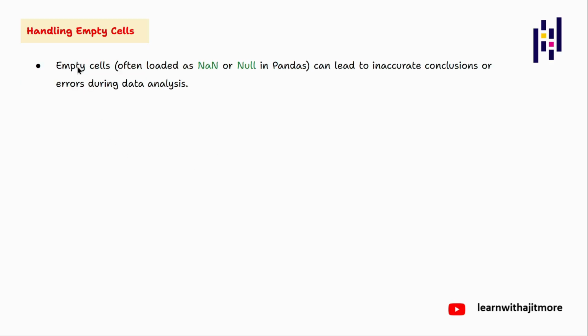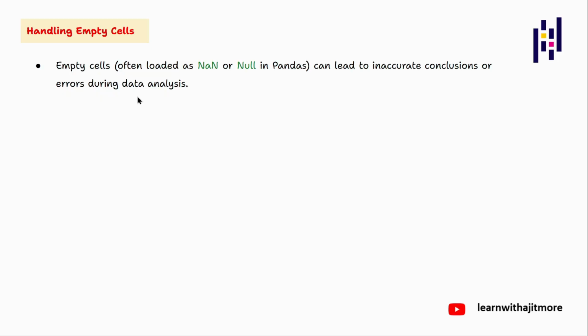Now, how does Pandas identify that it is a blank cell? An empty cell is often loaded as NaN or null in Pandas. If some cells in your data frame have NaN, it can lead to inaccurate conclusions or errors during data analysis.